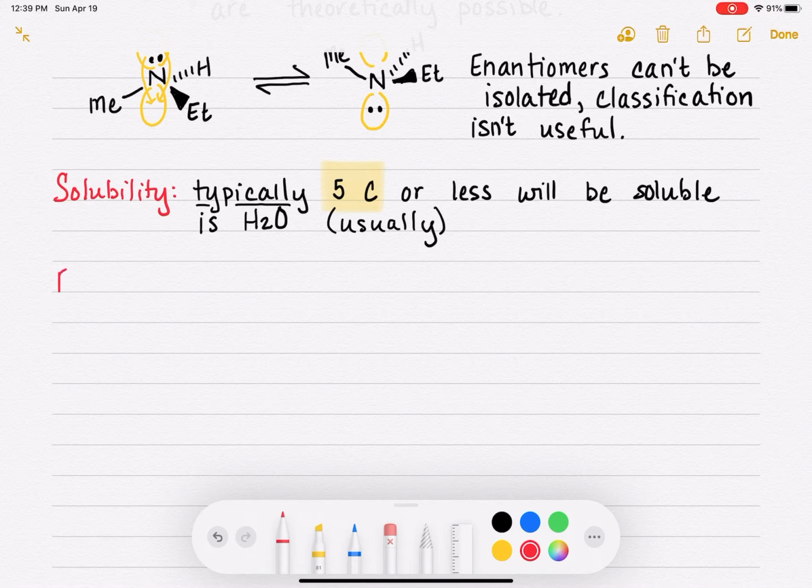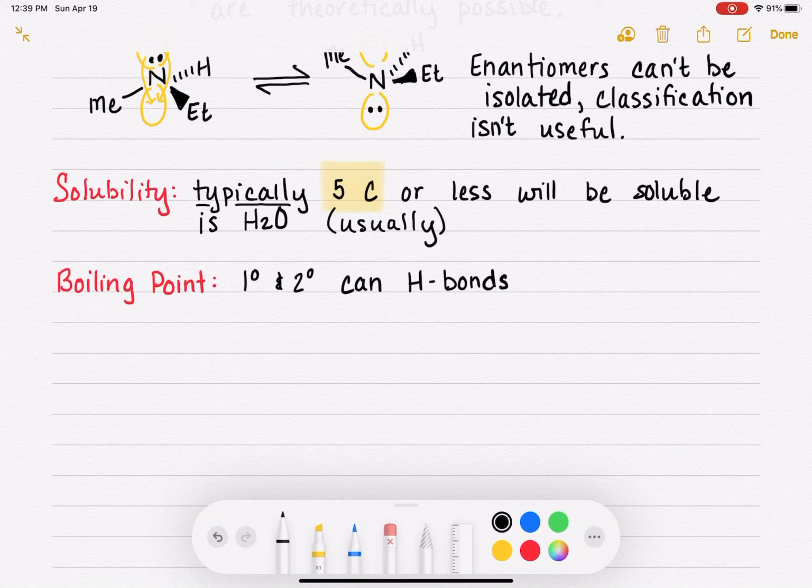And the last thing that we're going to talk about in this video, but not in this section, is the boiling point of amines. Relative boiling points for primary, secondary, and tertiary amines. Primary and secondary amines are able to hydrogen bond because they have NH bonds in them.